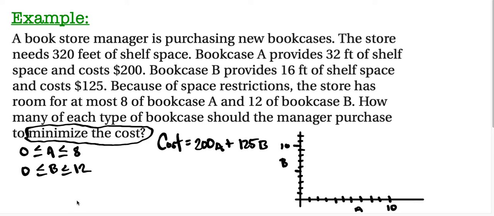The store needs 320 feet of shelf space. So shelf space is going to be my next equation, I guess. They did arrange these equations kind of differently, didn't they? Or the sentences, not equations. They arranged these sentences slightly different. So I'm going to have an equation that's greater than or equal to 320.